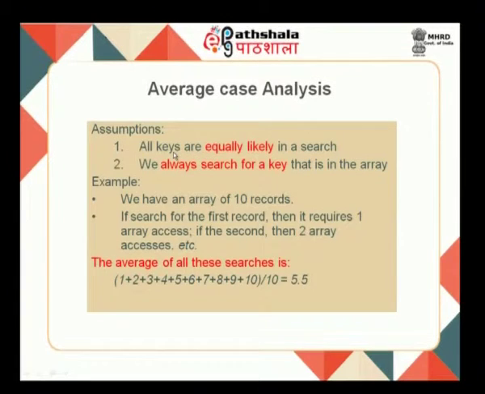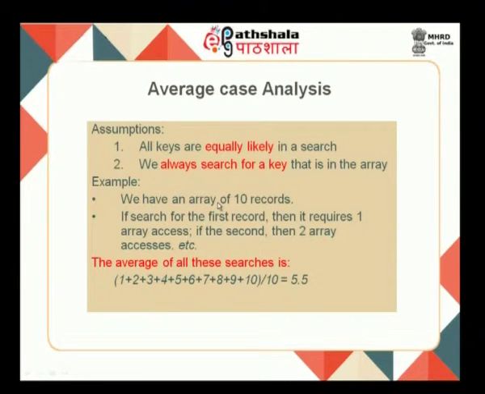We are making an assumption that what we are searching for may be present in any part of the array. Therefore, the probability is equally likely, and what we are searching for is present in the array. If that is the case, fine, we can take a small example.